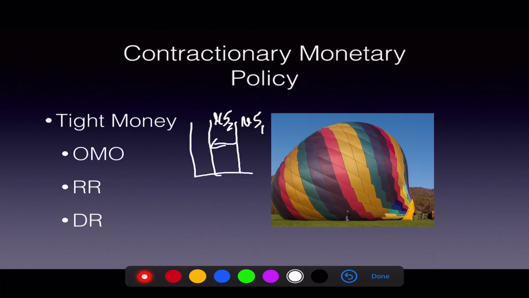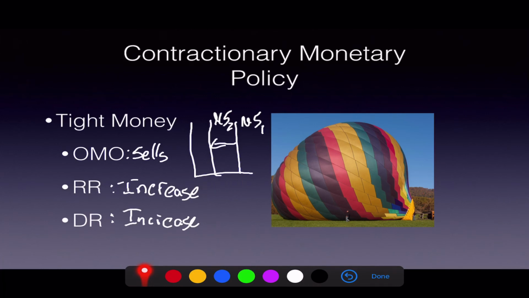And this can be achieved in open market operations if the Fed sells bonds, if they increase the reserve requirement, or if they increase the discount rate. Any combination of these three is going to have an impact of decreasing the money supply, shifting it to the left, and that's of course going to raise interest rates.